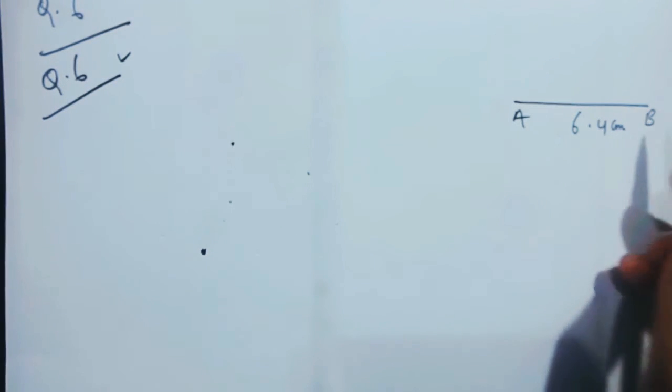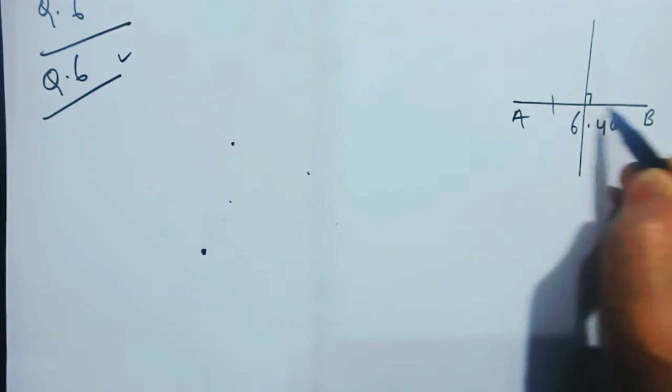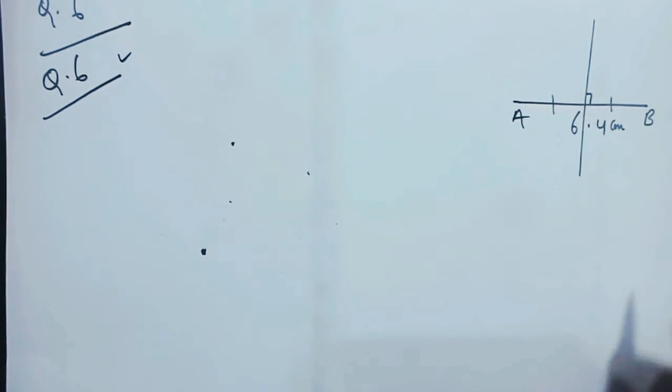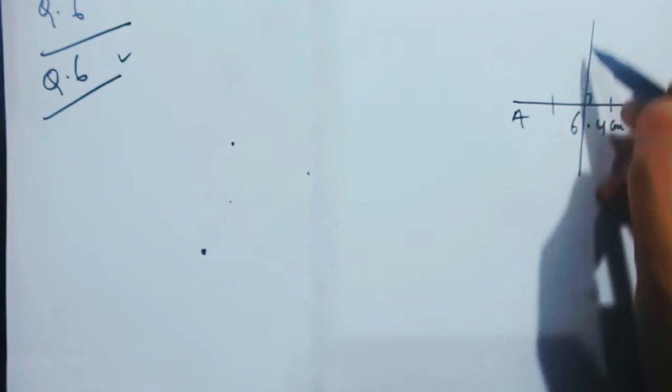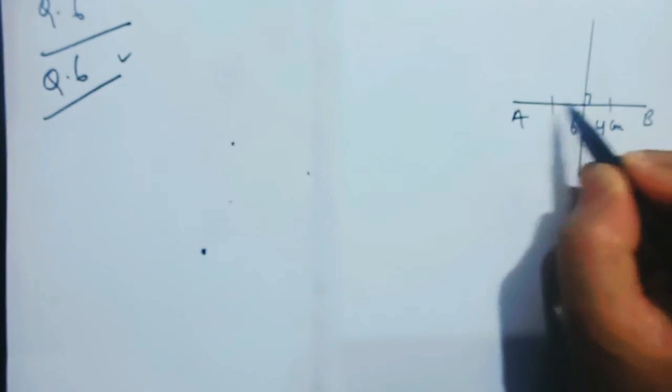Now draw its perpendicular bisector. Perpendicular bisector means a line which will be 90 degree on AB, as well as bisect it. This means this line will pass through the midpoint of AB, as well as be 90 degree.